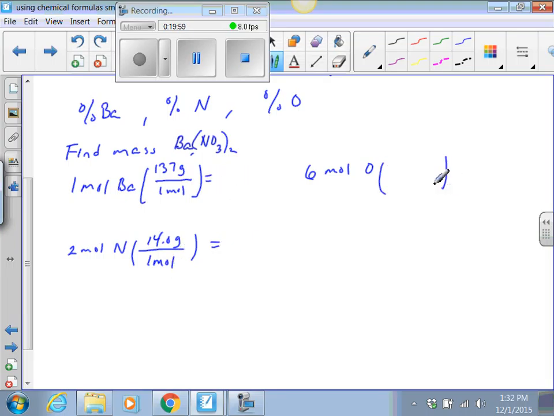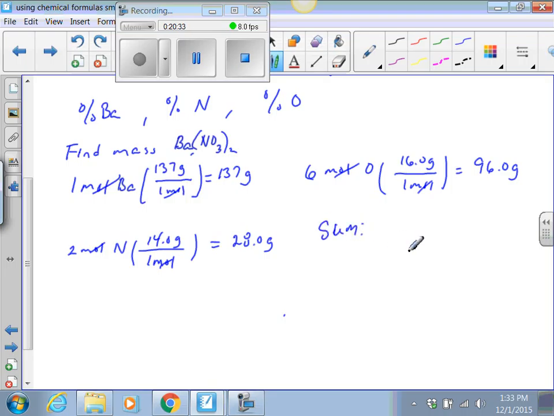And our oxygen, rounded to 3 significant digits, is 16 grams for every 1 mole. So then we do the multiplication. That gives 1 times 137, 137 grams, with moles canceling. We have 2 times 14 is 28 grams, moles canceling. And 6 times 16, 96 grams, again with moles canceling. Then we find the sum of those values.